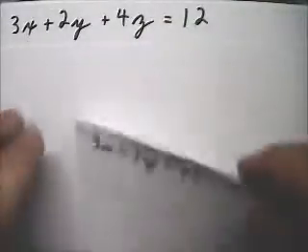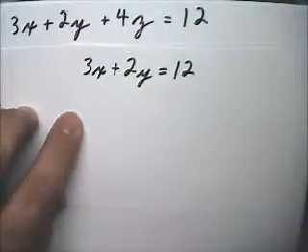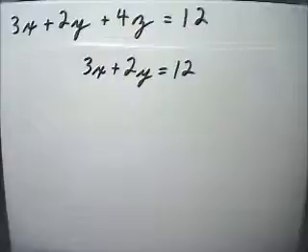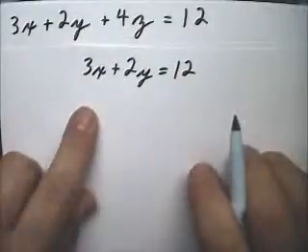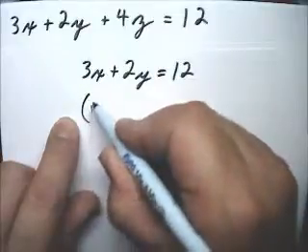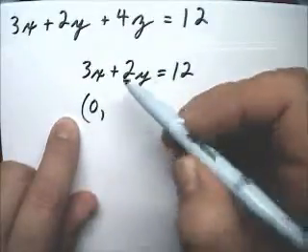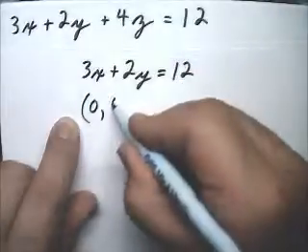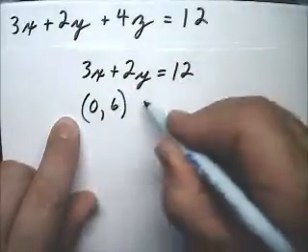Well, to review, if we had a two-dimensional equation that we would want to graph on a two-dimensional graph, a quick way to do this would be to let x be 0, and then we'd have 2y equals 12, so y would equal 6.